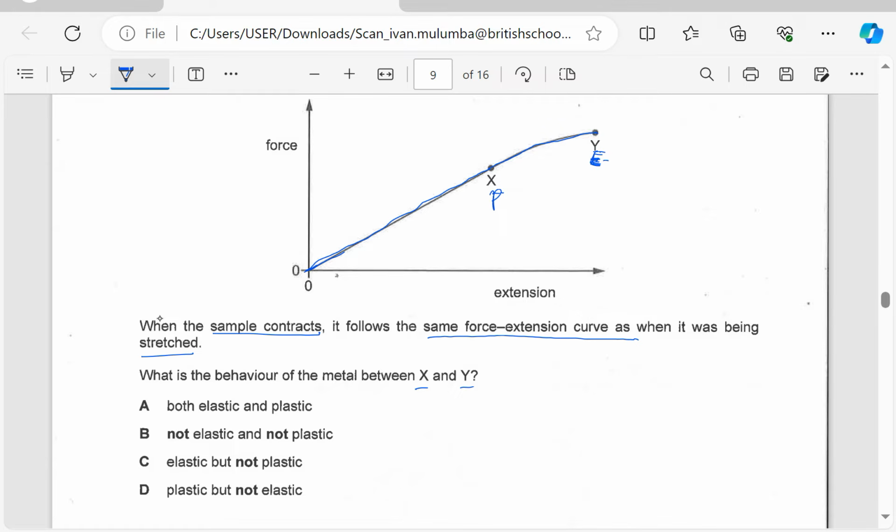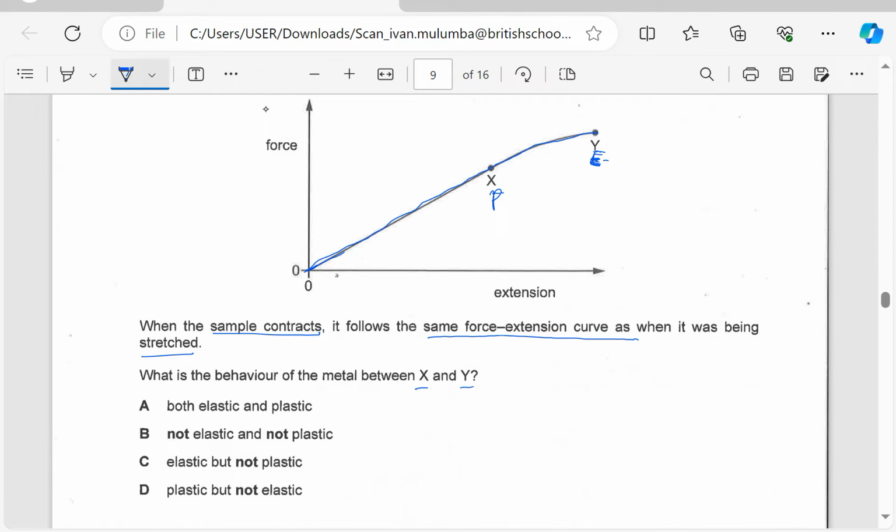We have not yet reached plastic, because if there was plastic, on removing the force, it would not follow the same path. Some extension would remain. Perhaps the graph would come up to here to show that some extension remained when the deforming force is removed. So we don't expect plastic deformation here.